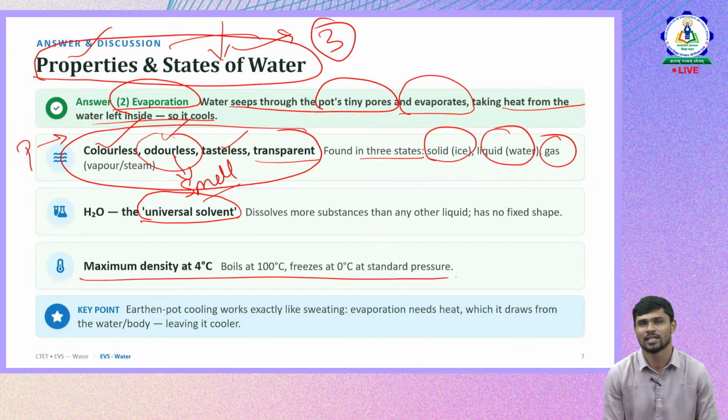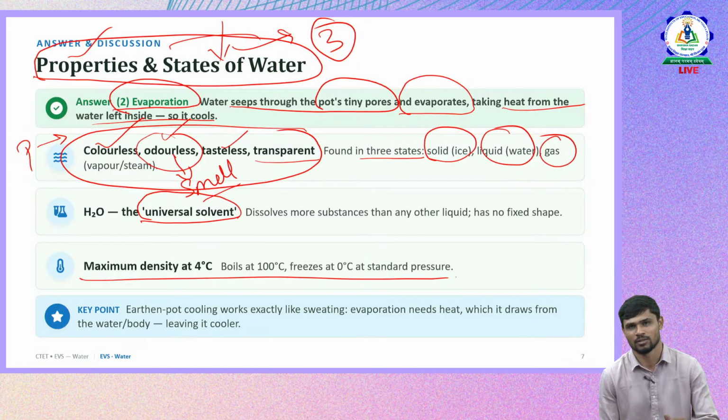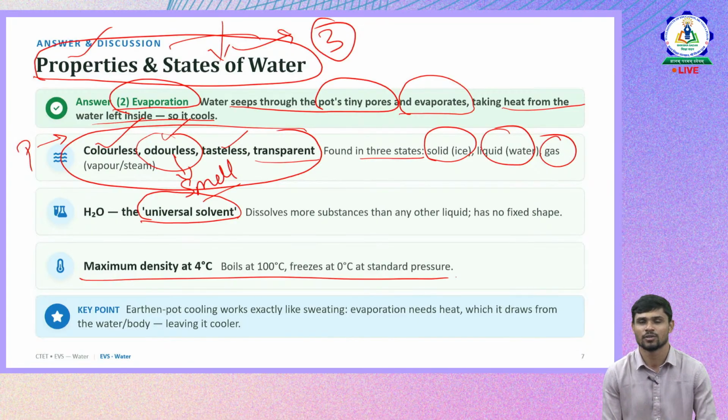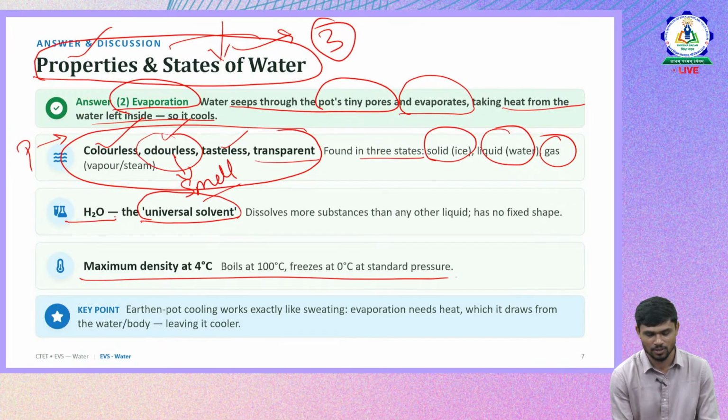When water is boiled, at the surface level it gets converted into the gaseous state, and then liquid to solid, and we'll see that in later slides. The chemical formula is H2O.